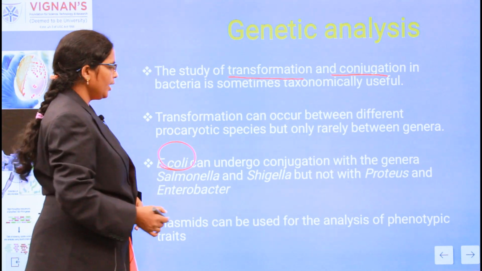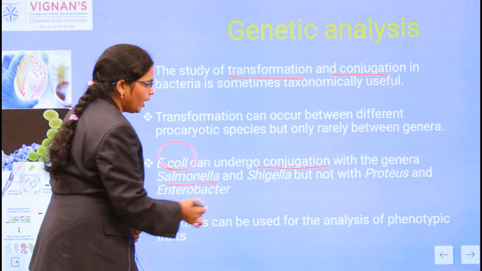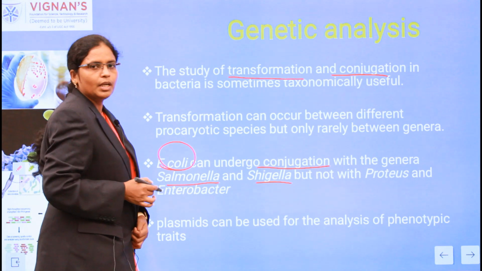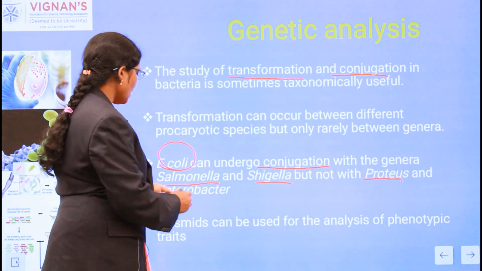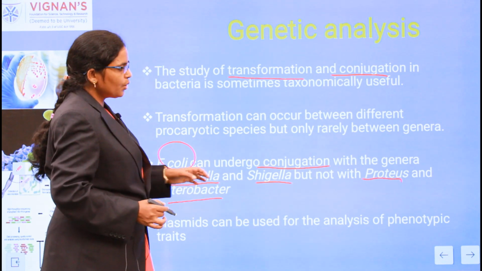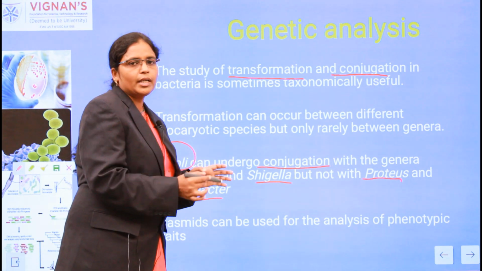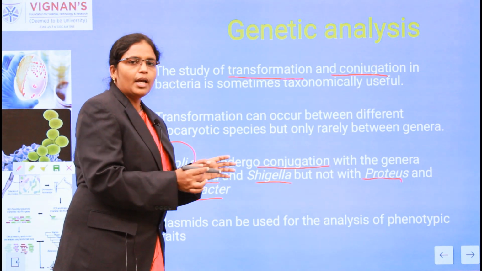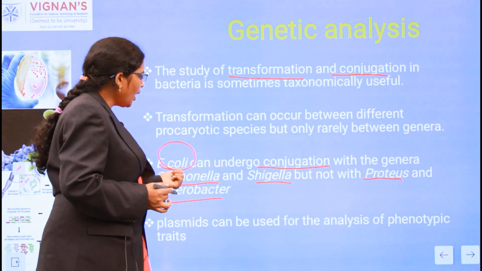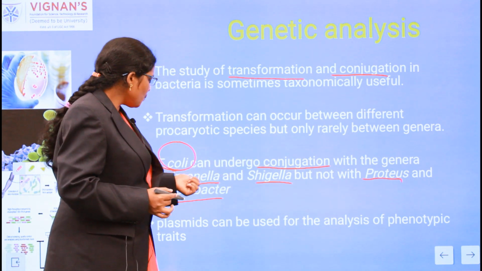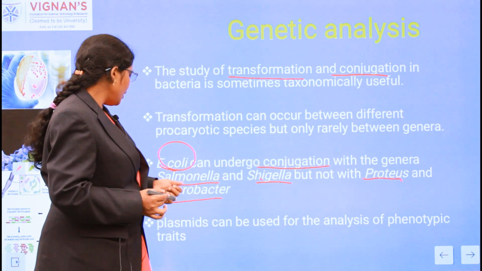So this E. coli, it undergoes conjugation with the other species, that is Salmonella and Shigella. But not with the organism Proteus and Enterobacter. So these organisms belong to the category that is Enterobacteriaceae family as well as order Enterobacteriales. Here you can observe the E. coli undergoes conjugation with these species Salmonella and Shigella only, but not with the Proteus and Enterobacter.